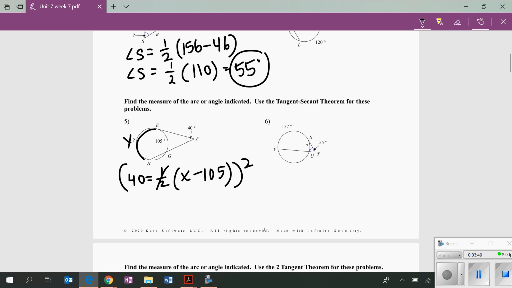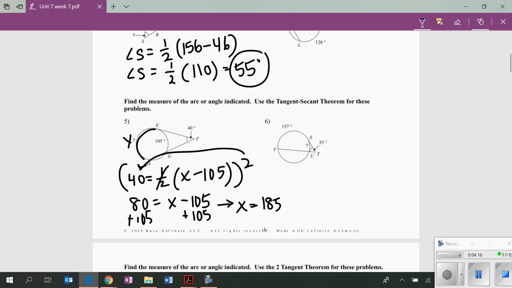That's going to cancel my half, and make sure that you multiply the 40 by 2 as well. So I've got 80 equals x minus 105. Now it didn't affect my x minus 105 because it was canceling this 1/2 on that side. Now I just add my 105 to both sides and find out that x equals 185. And you're done.